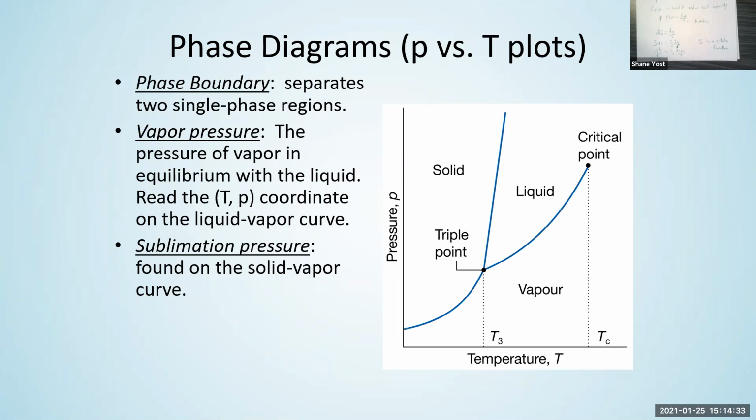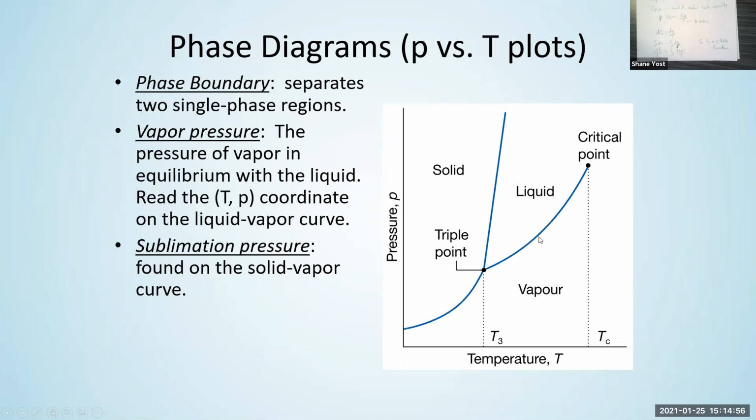That liquid-vapor phase boundary is telling you the vapor pressure of that liquid at a given temperature. So this phase boundary is the vapor pressure of the liquid in a temperature versus pressure plot.